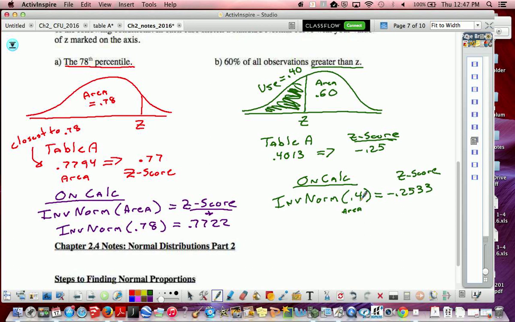How did I find it on the table A? So the question is, how did I find this on table A? So again, what I'm looking for is the area closest to 0.4.